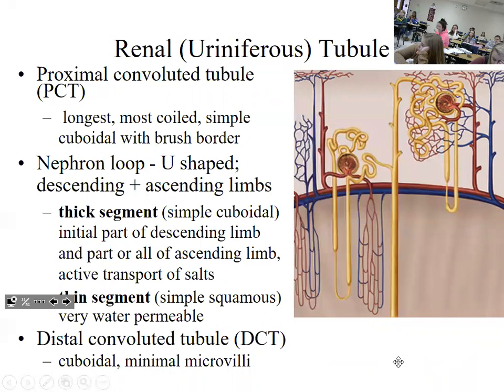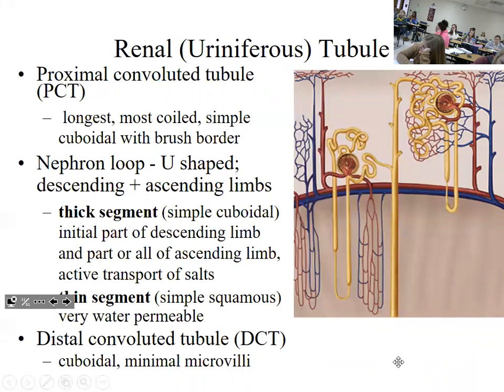Wouldn't it be better if you took whole blood and just pulled waste products and the excess water out, and never had to do that reclaiming thing? Well, that wouldn't even be practical. What ends up happening is everything in the plasma is sent to that filtrate except for proteins. Cells aren't sent through, and plasma proteins are too big to get through the filters.